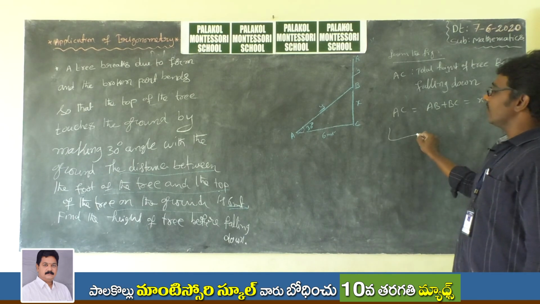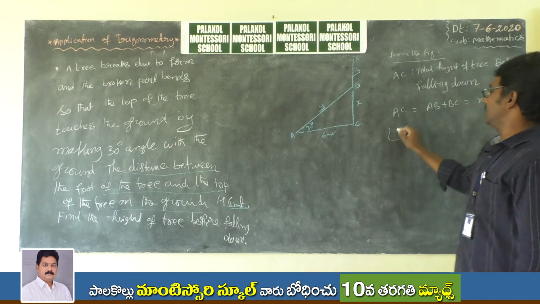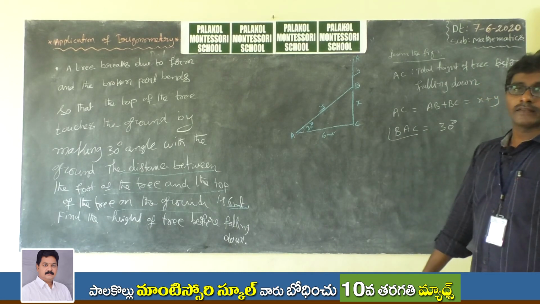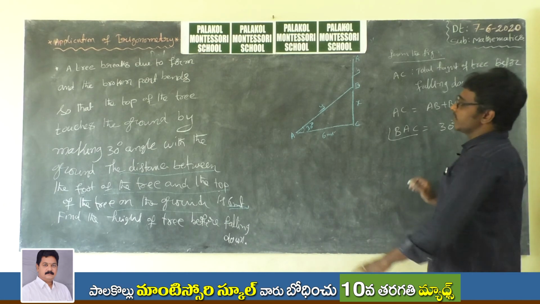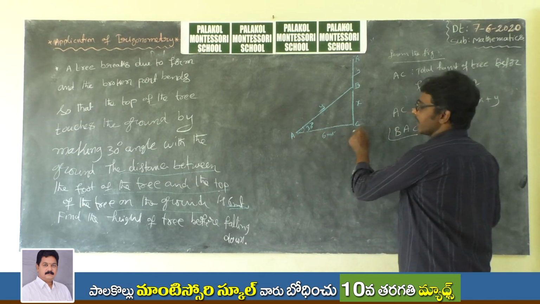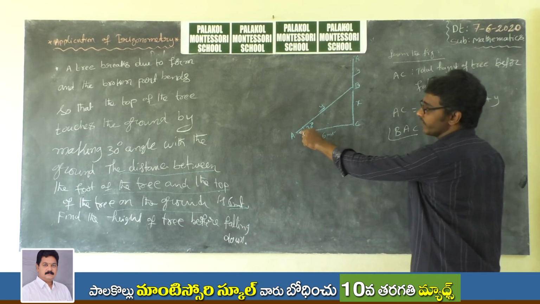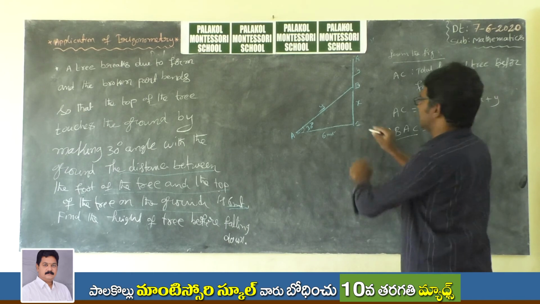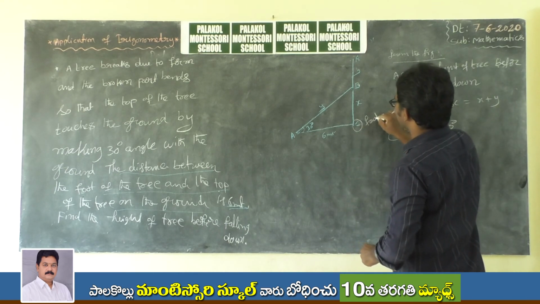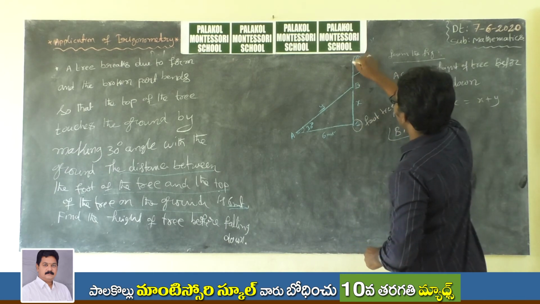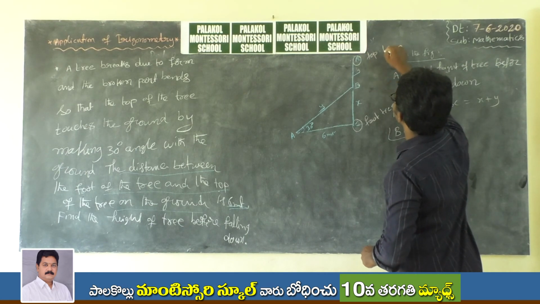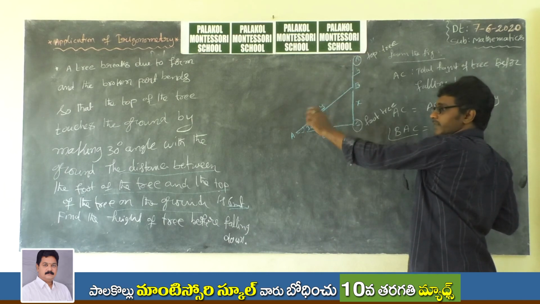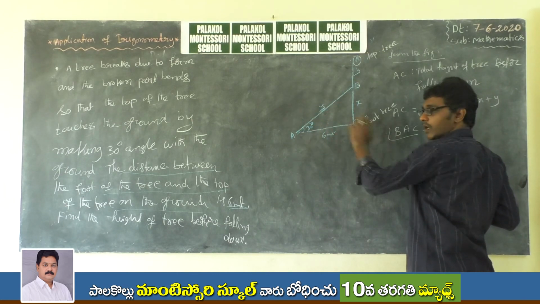Next, angle BAC is equal to 30 degrees. Next, the distance between A and C: C means the foot of the tree and A means the top of the tree, which has broken and fallen to the ground.